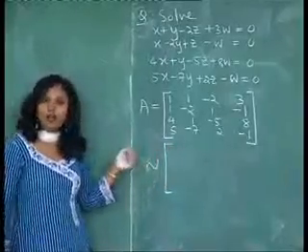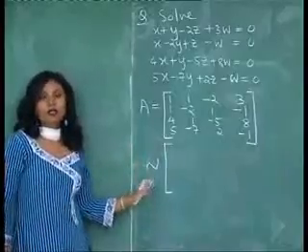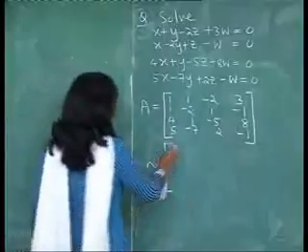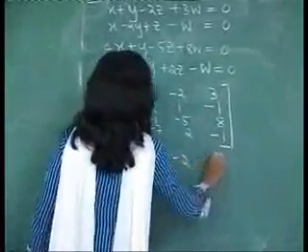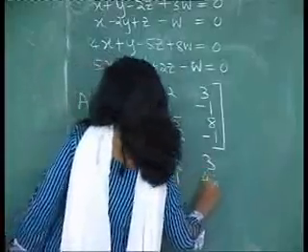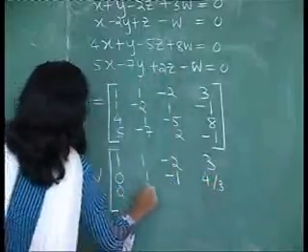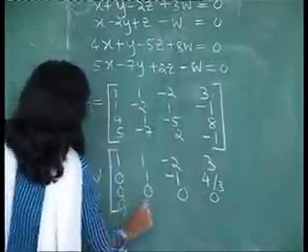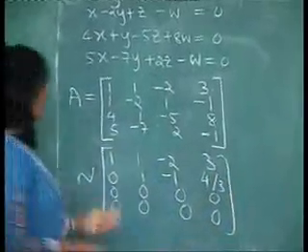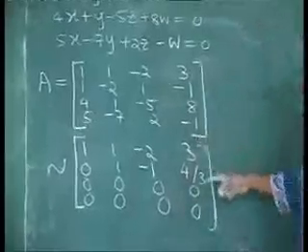In any case, even if your echelon form is different, the conclusion has to be the same. So the echelon form that I get is... now look at the rank of the coefficient matrix.